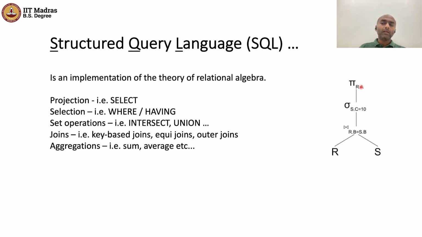So R.A refers to, of all these data points which match these conditions from the previous step, I now use this relation to only project onto the A axis. All of these points project onto the A axis, and the A axis, let's assume, is just this horizontal axis. So then I get all the values of the records which have matched all these previous conditions in the relational algebra tree, and then I pick up only the A column from here. That's how to mathematically look at what SQL actually denotes.